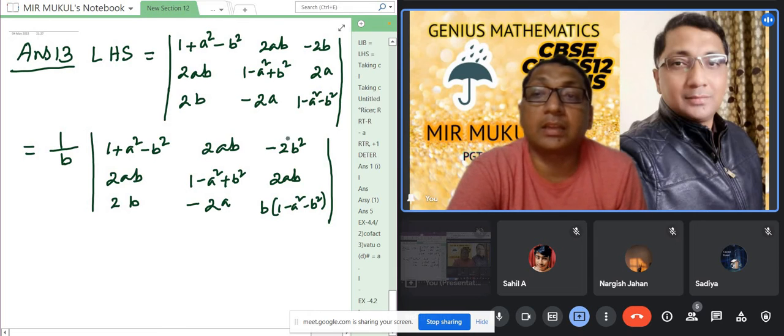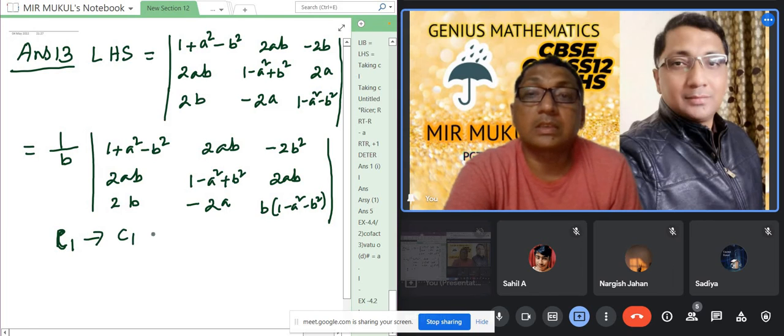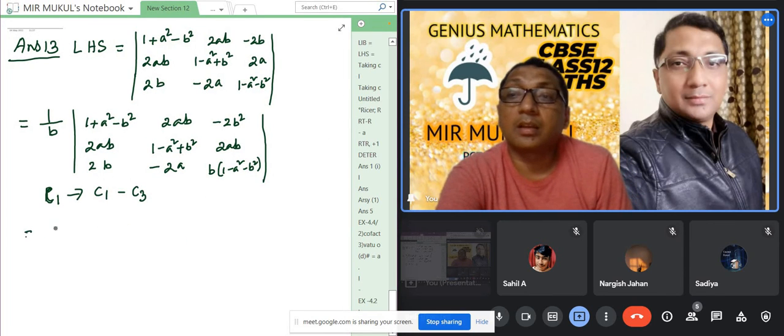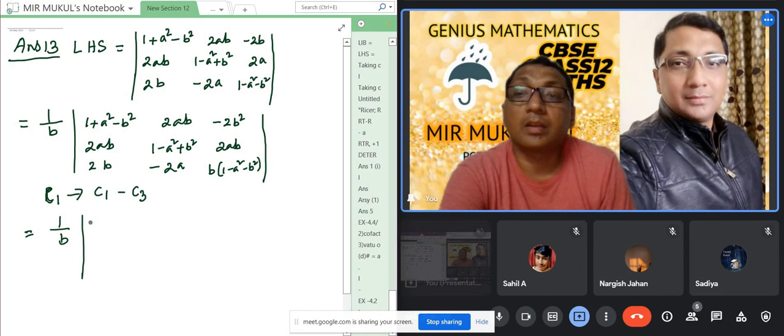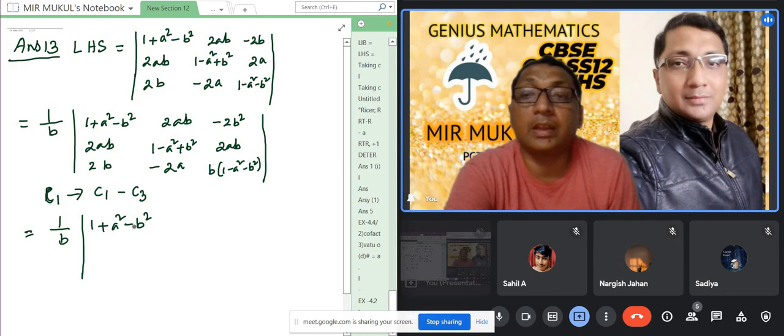Now if we do C1 minus C3, sorry, C1, not R1. C1 goes to C1 minus C3. Then 1 by b, and 1 plus a squared minus b squared; here if you subtract, you will get 1 plus a square plus b square.